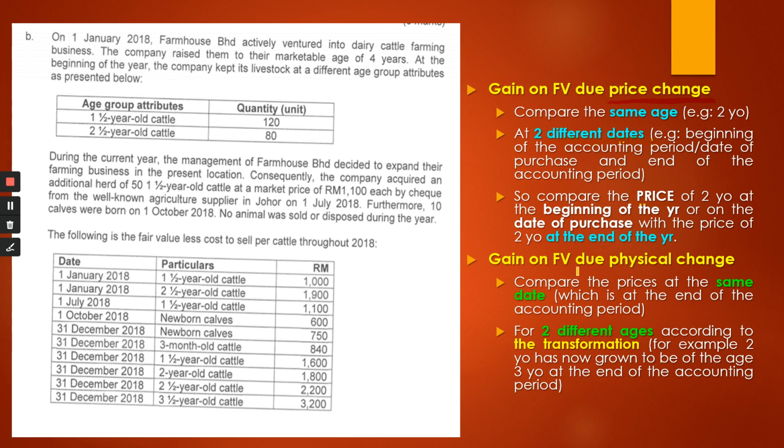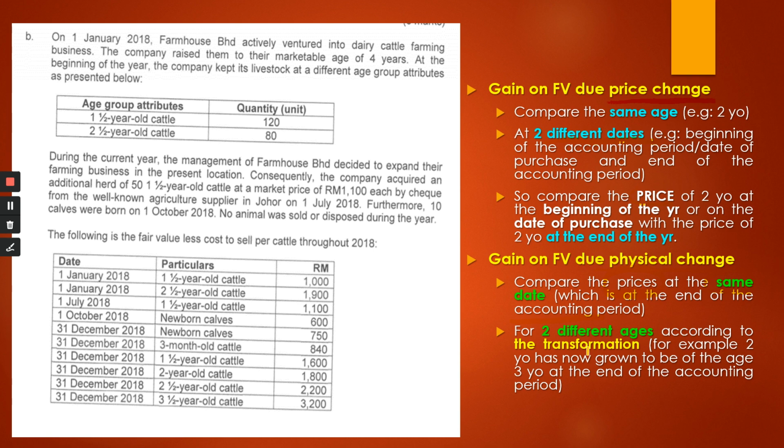For the gain due to physical change, what we are going to do is compare the price at the same date, and the date here is the end of the reporting date, which is the end of the accounting period. Let's say in this question, the end of the accounting period is 31st of December. So we're going to just focus on those prices as at 31st of December for the different age groups.